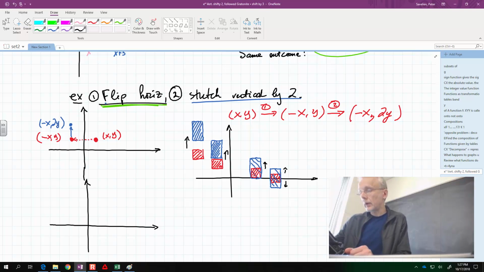But if I have my rectangle here, say, then its flip about the y-axis, a flip horizontal about the y-axis, will be on the other side, like this. That's a flip.